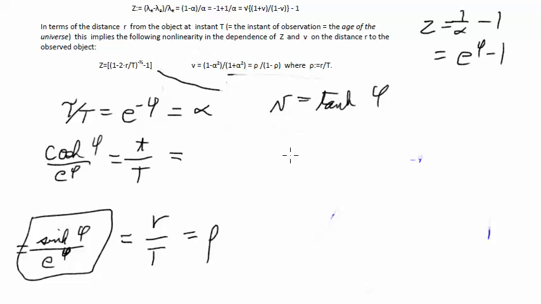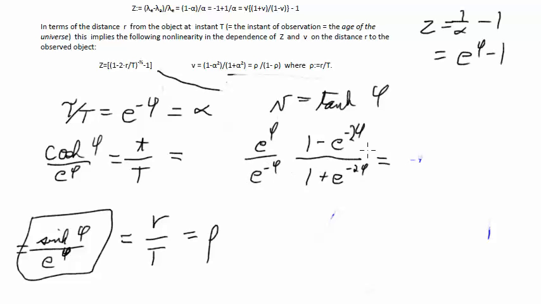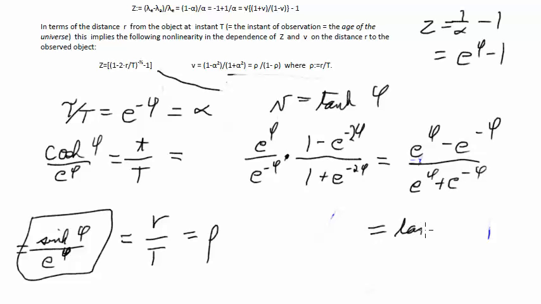So 1 minus alpha squared divided by 1 plus alpha squared, where alpha is e to the negative phi, would be equal to, if we just multiply that by e to the phi over e to the phi, e to the phi minus e to the negative phi over e to the phi plus e to the negative phi, which is equal to tanh phi.